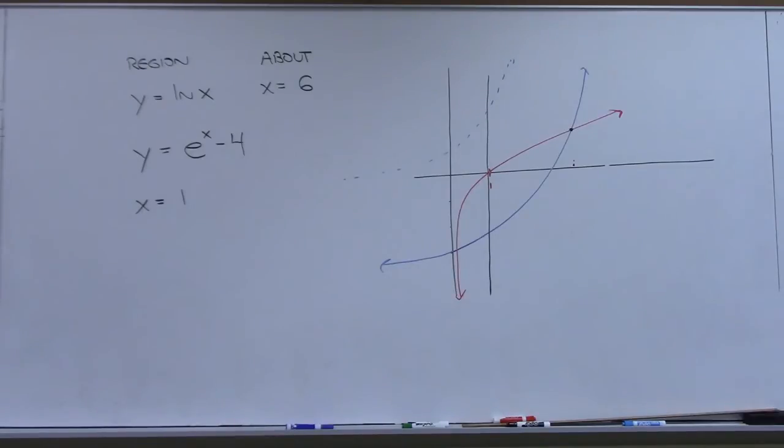E to the x minus 4. Uh-oh. My program's having problems solving this.